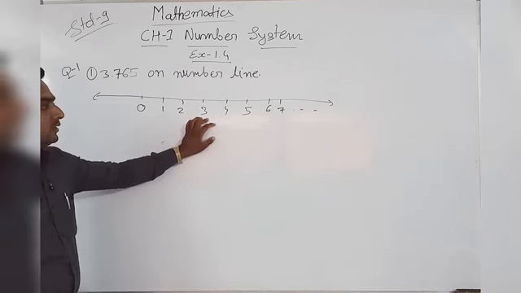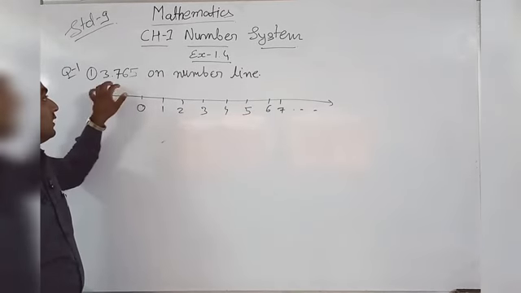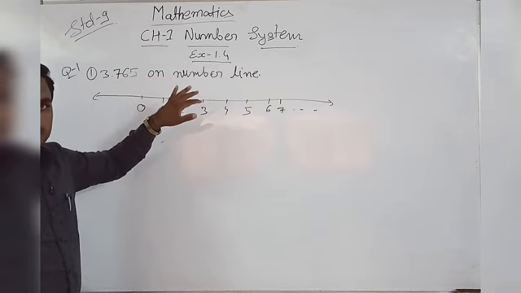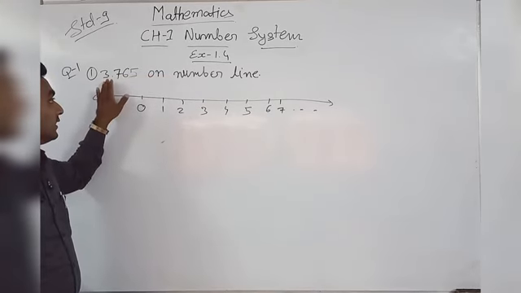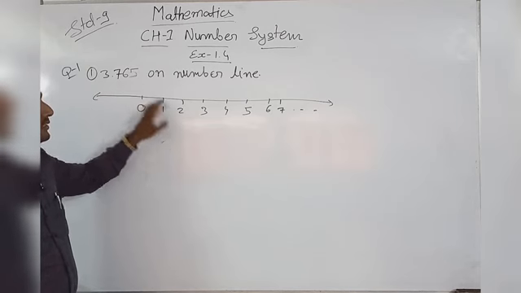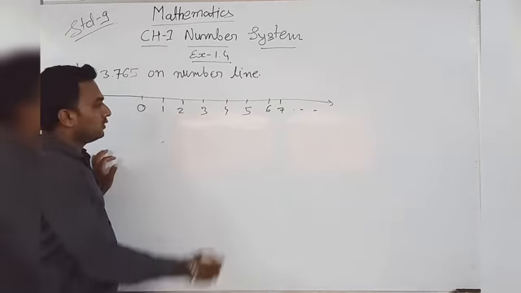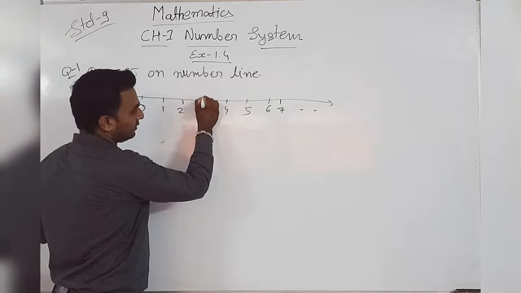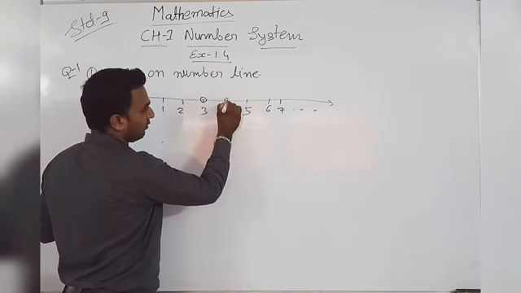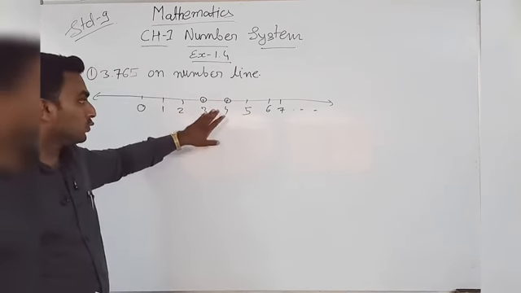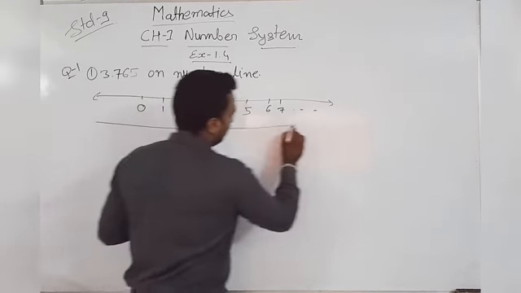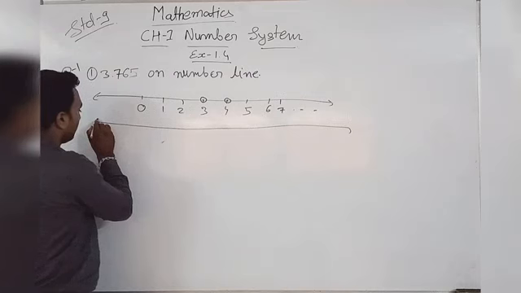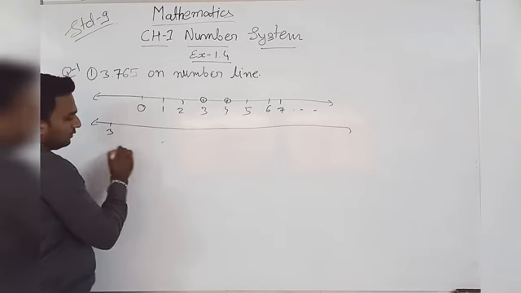We know that 3 point something means some more than 3, so the number is in between 3 and 4. First I will highlight 3 and 4. Now I will zoom in on this 3 and 4 to see the numbers between them.